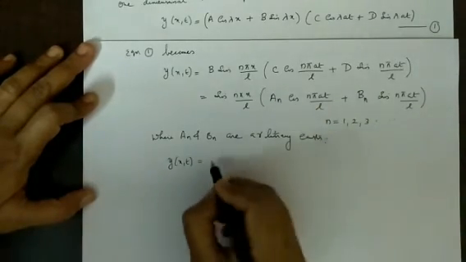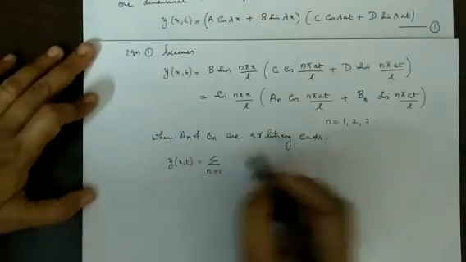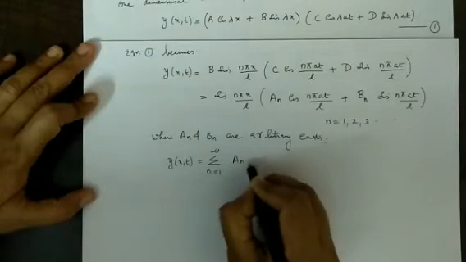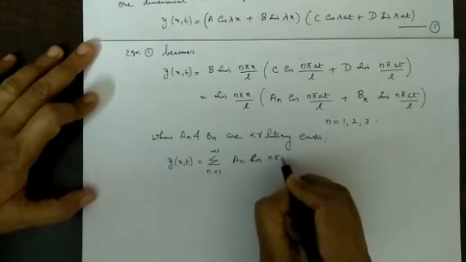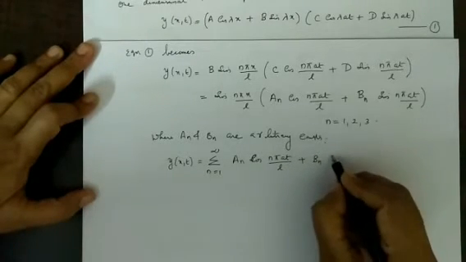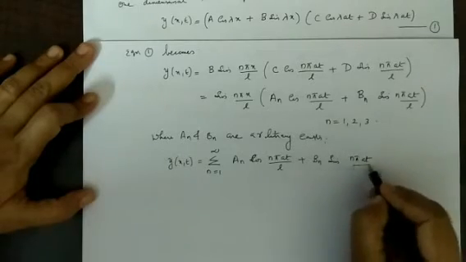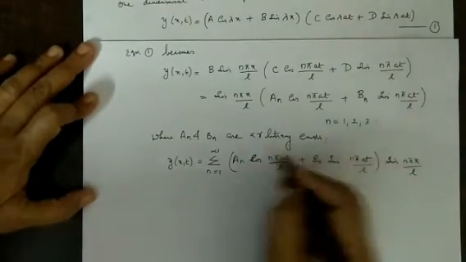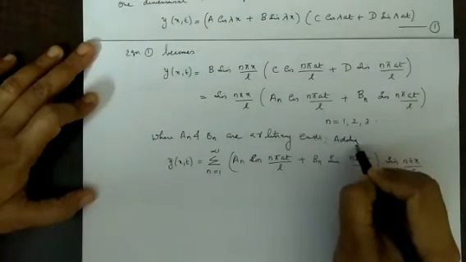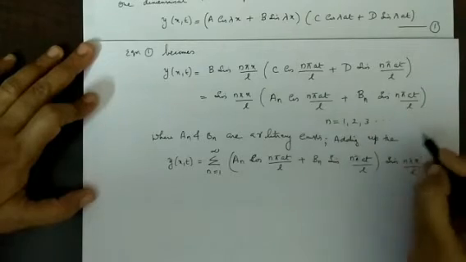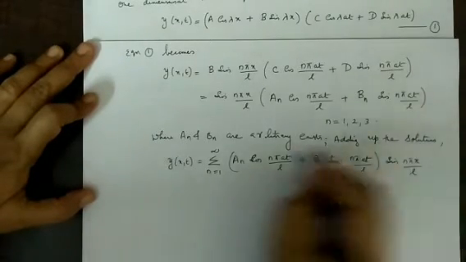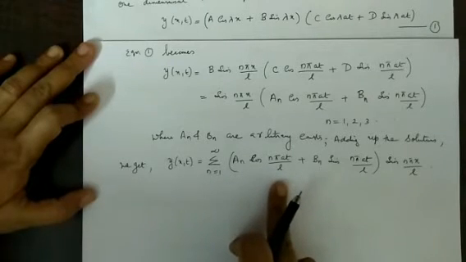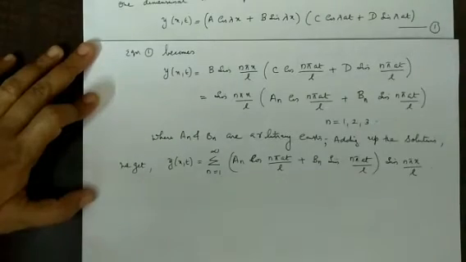Adding up all the solutions, we get y of x,t as sigma n equal to 1 to infinity of (an cos n pi at by L plus bn sin n pi at by L) into sin n pi x by L.